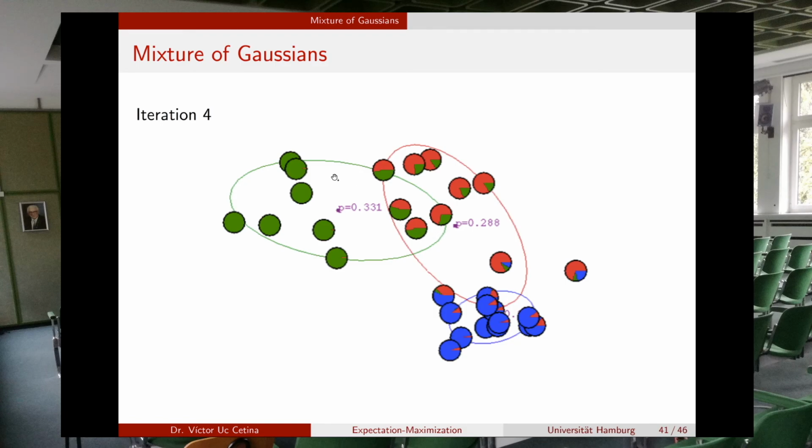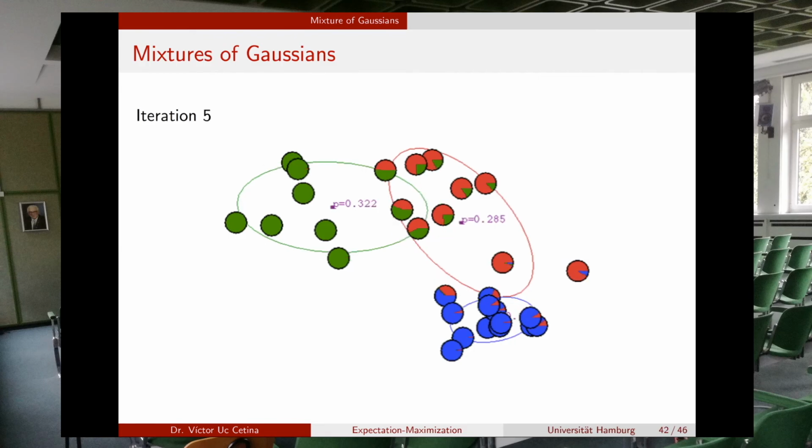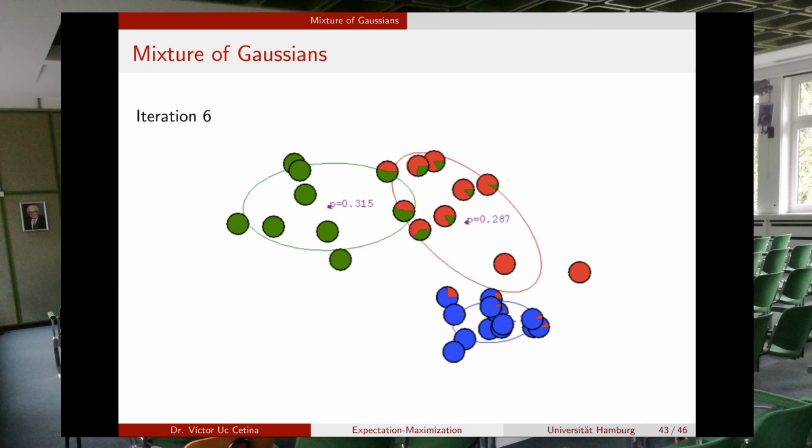In iteration 4 these points are more defined. These are more defined now as belonging to the group of blues, and it is getting more defined as you go on with the iterations. This is iteration 5, and this is iteration 6, for example.